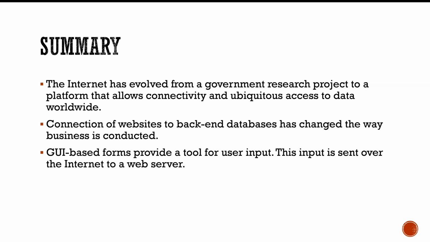Commercial internet was made possible because of Mosaic, which was the first graphical web browser, followed by Netscape, and then followed by Microsoft Internet Explorer. Now we've got Mozilla Firefox, we've got Google Chrome, we've got Safari.